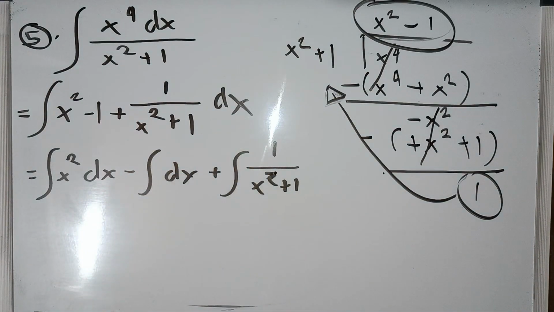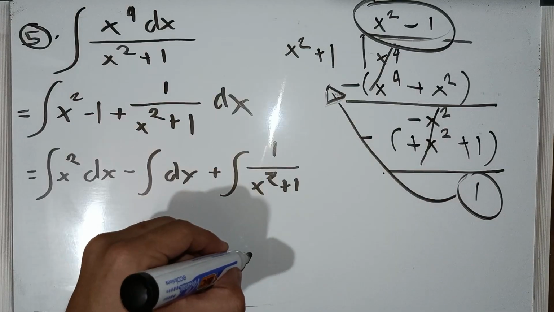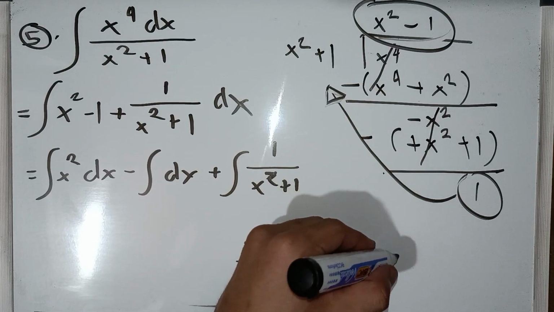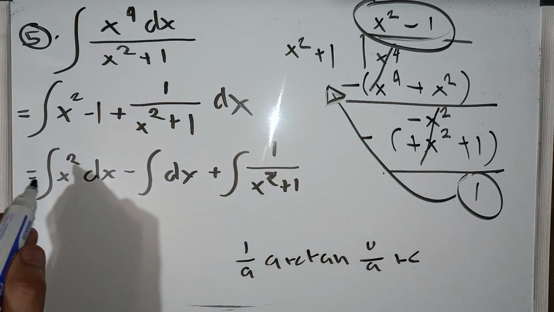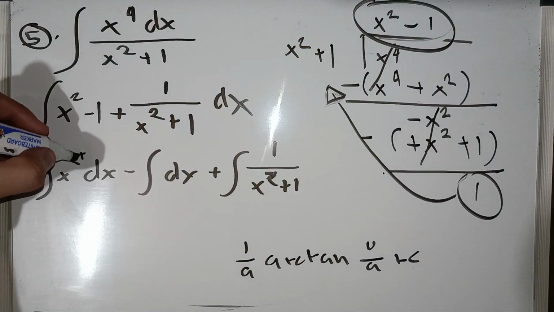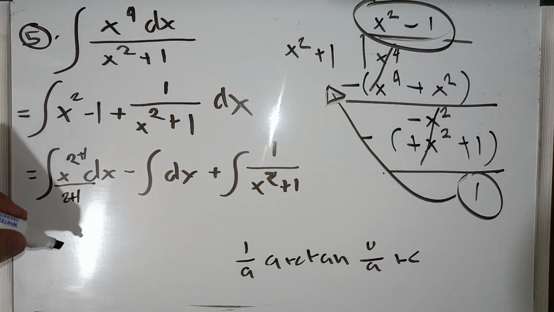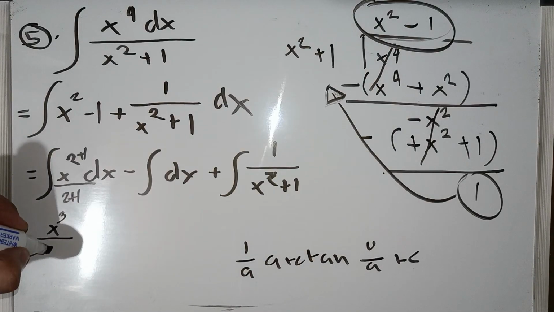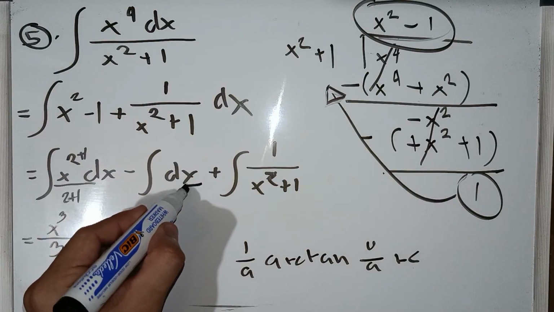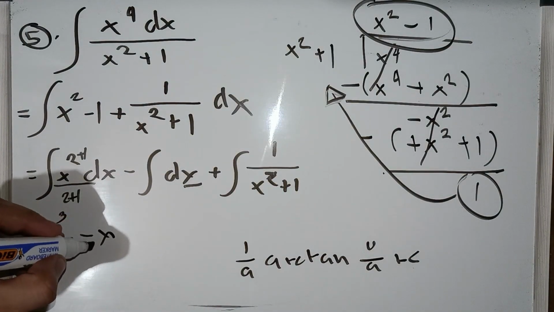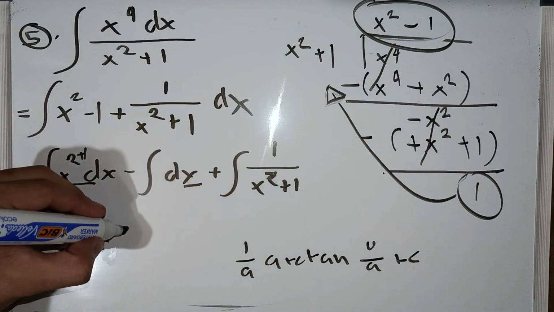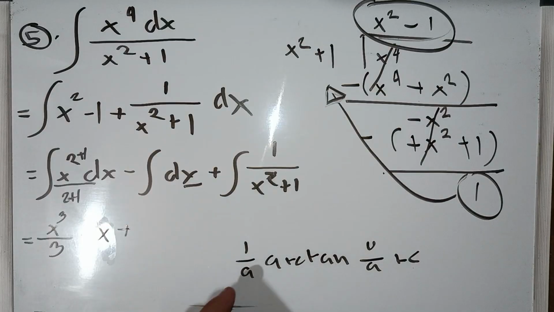Here we have the arctan, so 1 over a arctan u over a plus c. Let's use this formula. Let's integrate this, so plus 1 all over 2 plus 1, that will become x raised to 3 over 3, minus this one, dx, so it will become x, plus this one. Since we have the arctan over 1, that will cancel.